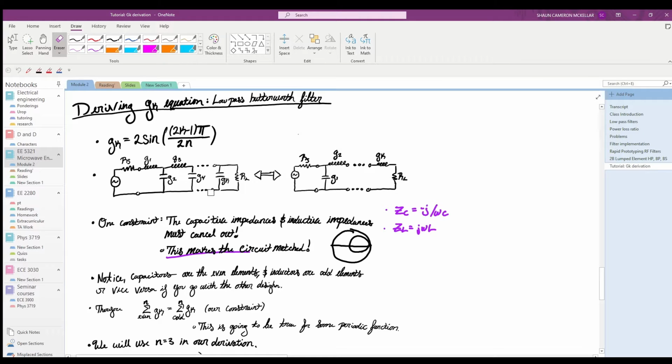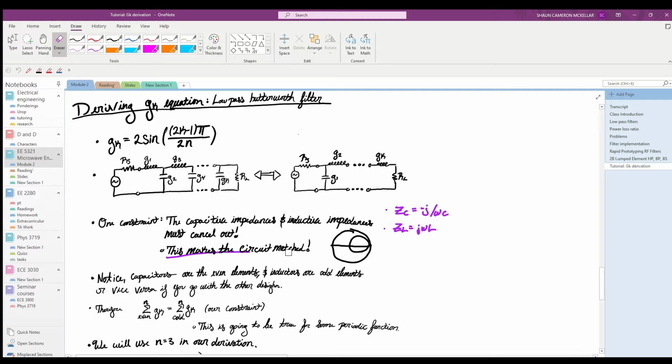What this will do is cause essentially our whole filter between the source generator and the load to have an imaginary impedance of almost zero. So it will lie almost entirely on a real line. If you were to graph it on a Smith chart, it would lie here on this real line. And again, doing this makes the circuit matched, and it will provide us with essentially a Butterworth filter.